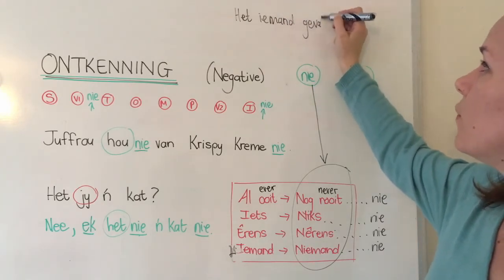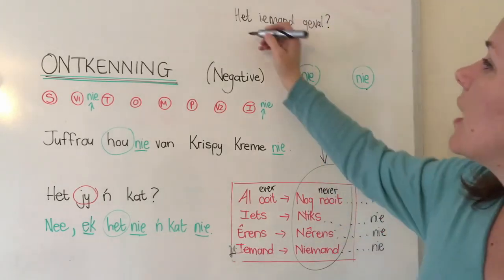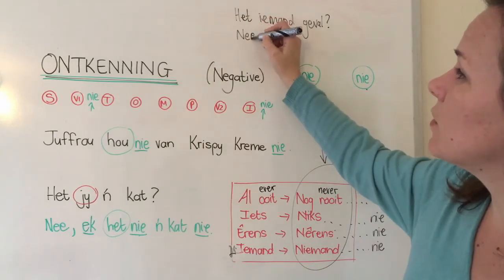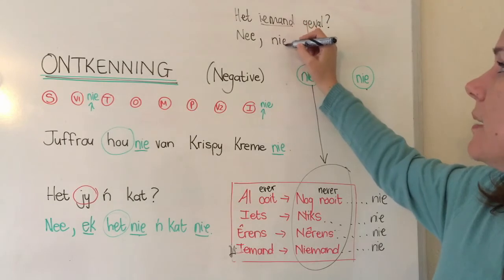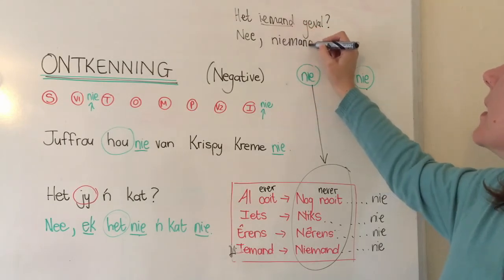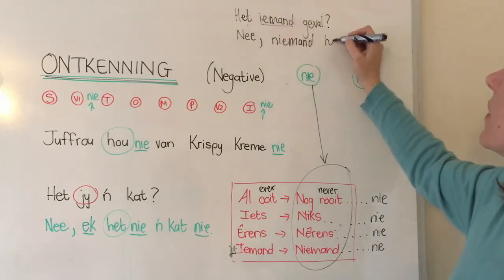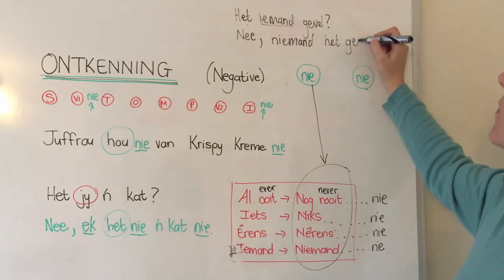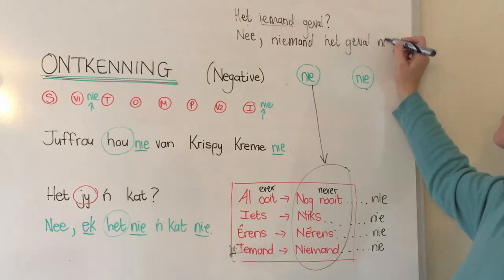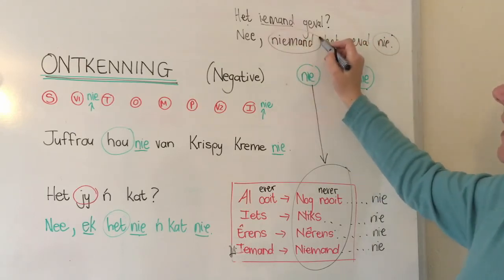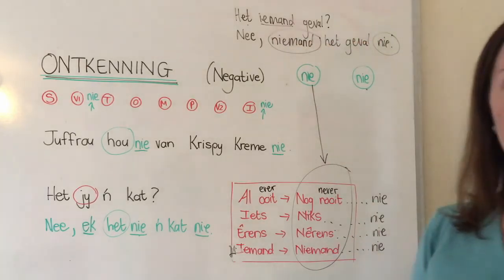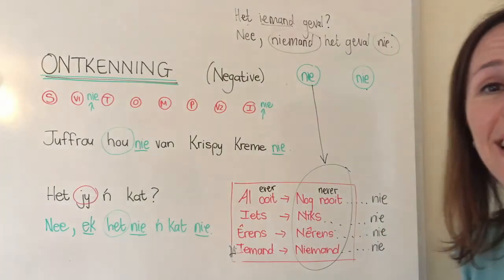Did somebody fall? Then I'm going to answer, because it's a question, nee, and then iemand becomes niemand. Het is my verb, geval, and then I have nie. So I have my last nie, but my first nie is replaced by this word. I hope that makes sense, guys.